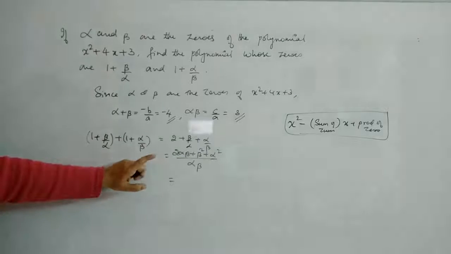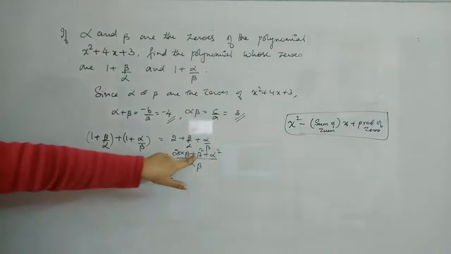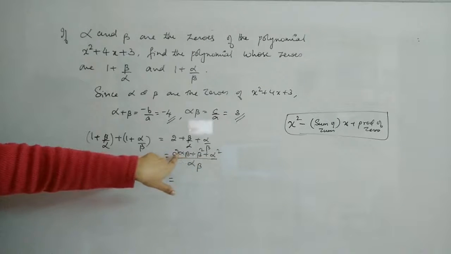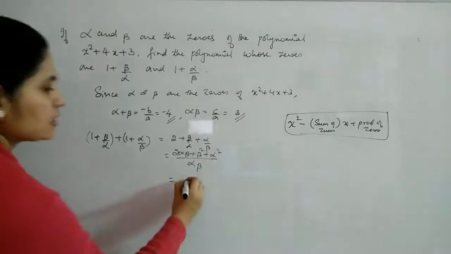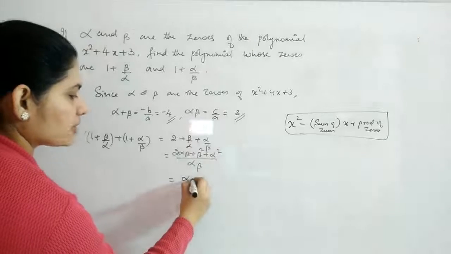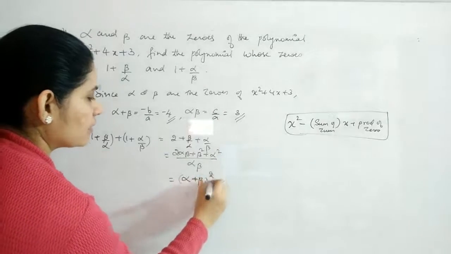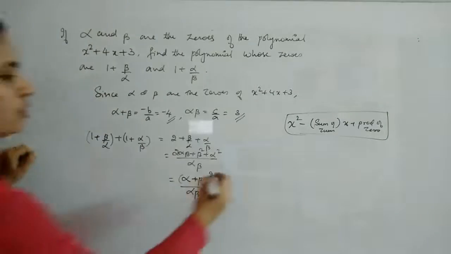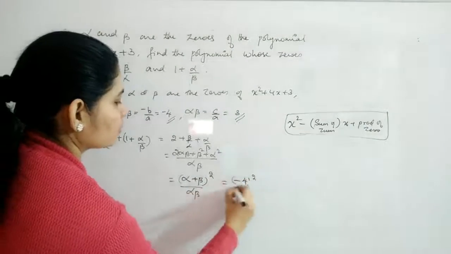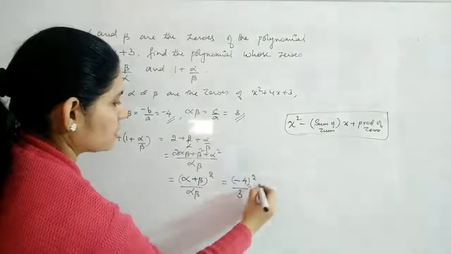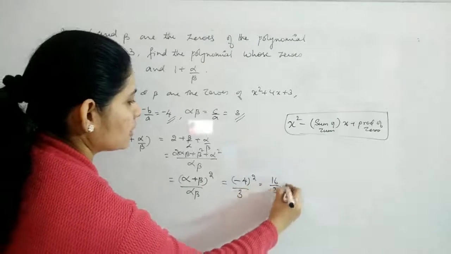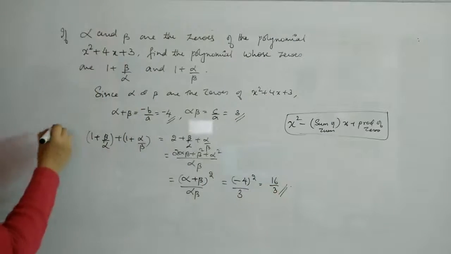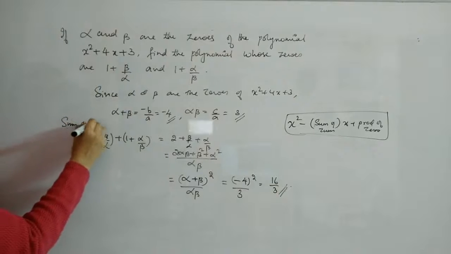Now here, this is a square plus b square plus 2ab form, so you can make it alpha plus beta the whole square, divided by alpha beta. Now alpha plus beta, you know, you can replace the value. Divided by alpha beta is 3. So you are getting 16 by 3 as the sum of the zeros.